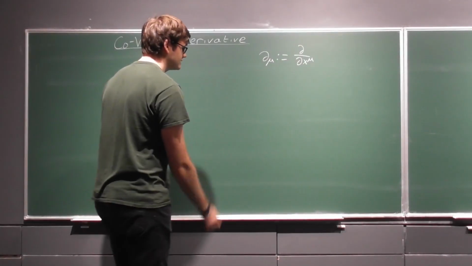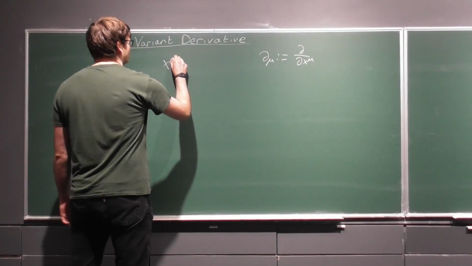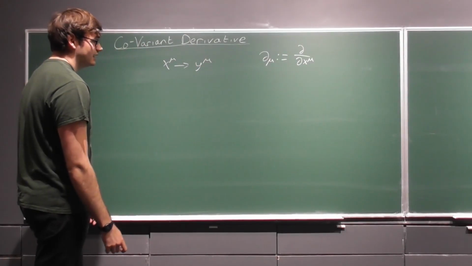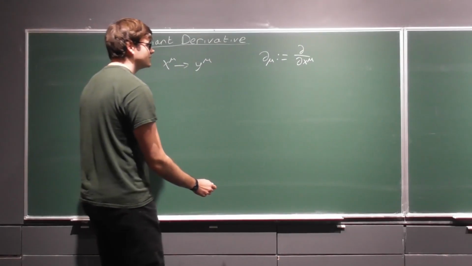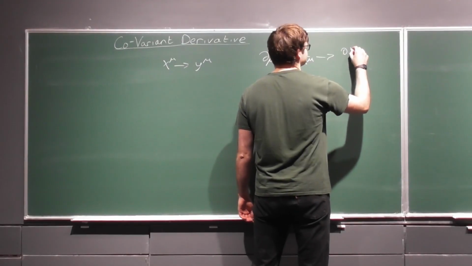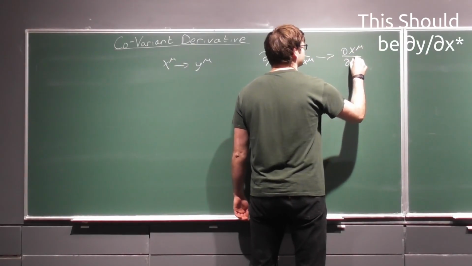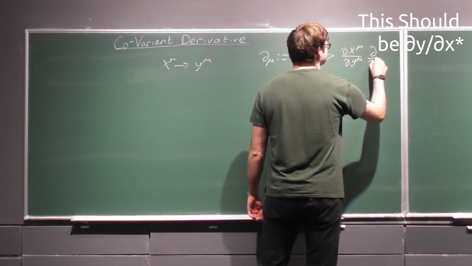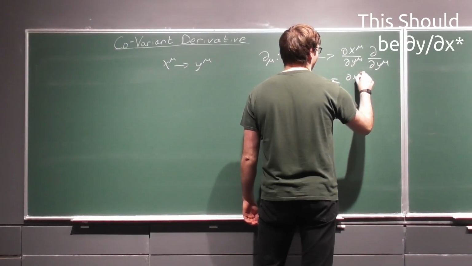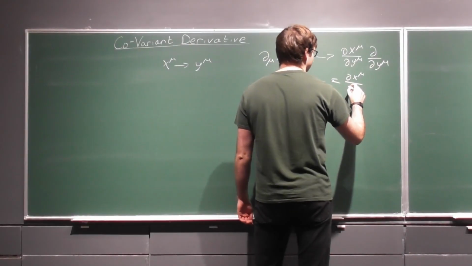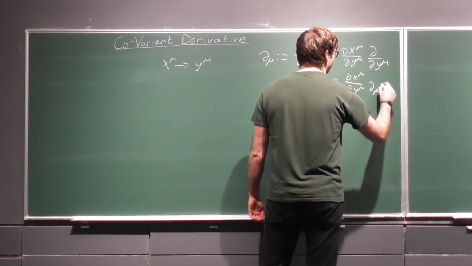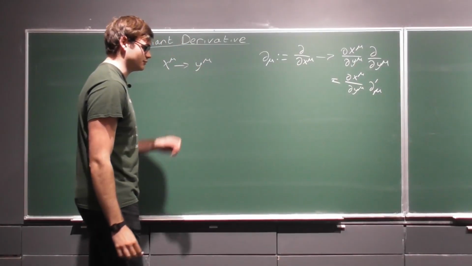I have a lower index because if I was to make a coordinate transformation from x mu to y mu, by the chain rule, which we discussed in the previous lectures, this would go to partial x mu over partial y mu, partial mu, which is just exactly how a covariant vector transforms. Okay, so that's our partial mu prime.